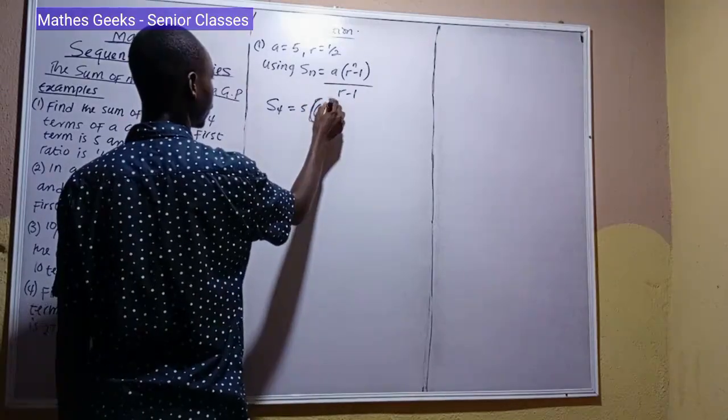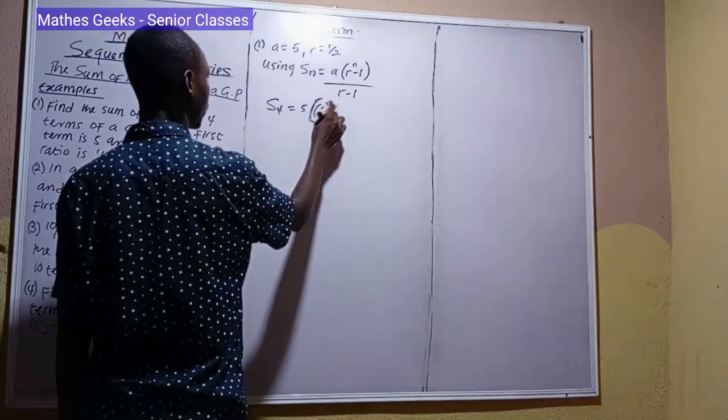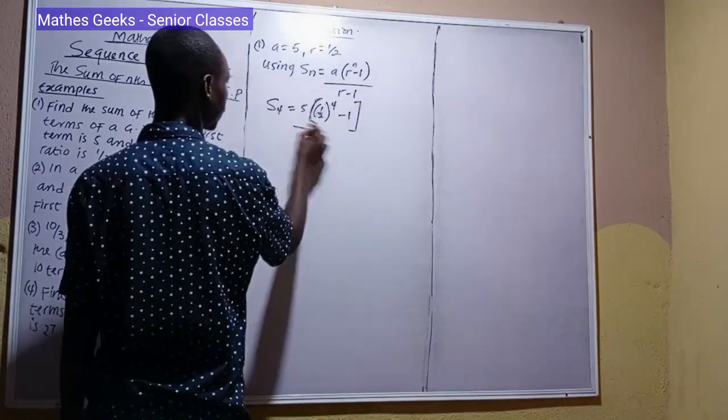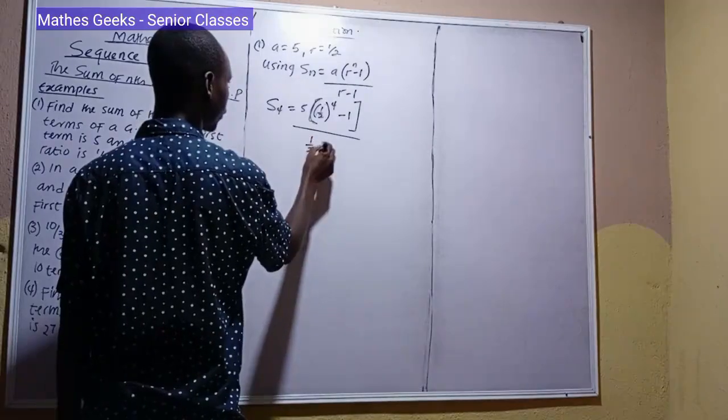1 over 2 raised to the power 4 minus 1, over 1 over 2.